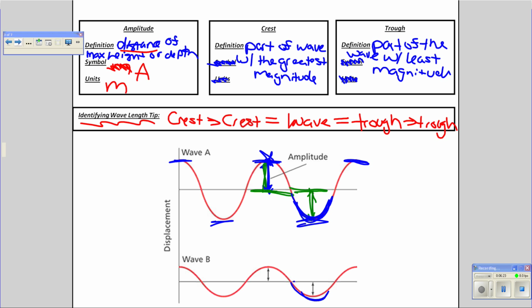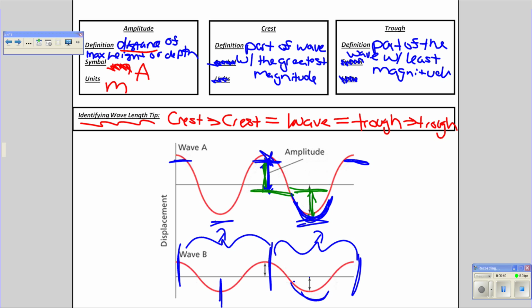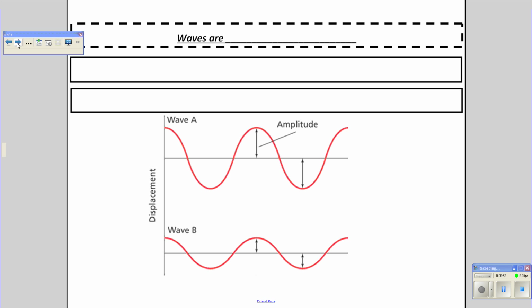What do I mean by that? If we look down here at wave B, crest to crest, one wave to crest. So that's one wavelength, lambda. That's one wavelength, lambda. Same idea with trough to trough. Okay? That's one wavelength, lambda. Okay? Not too bad, right?